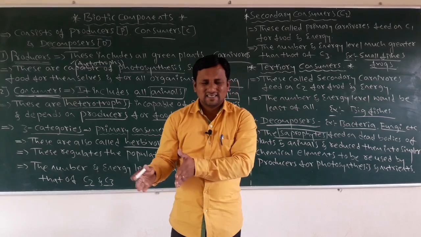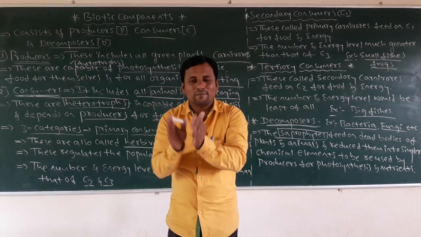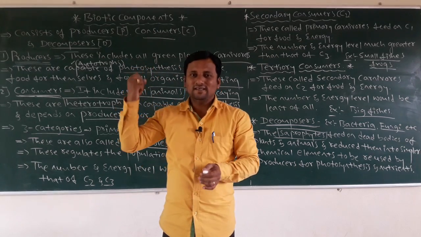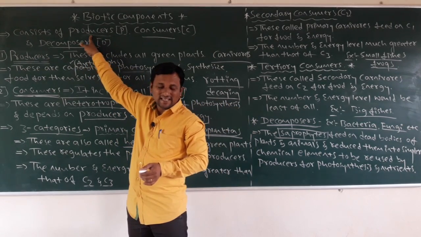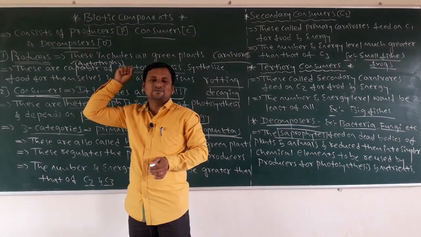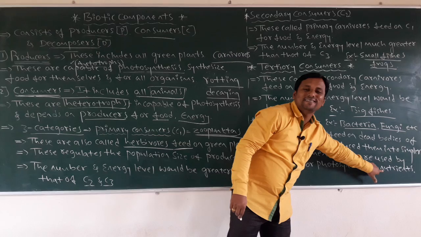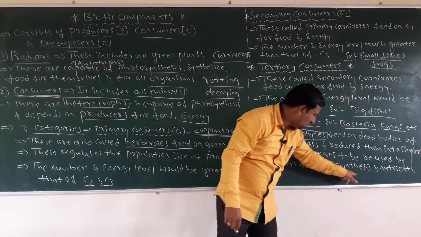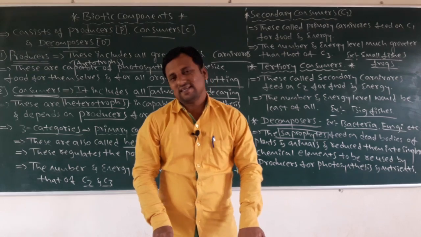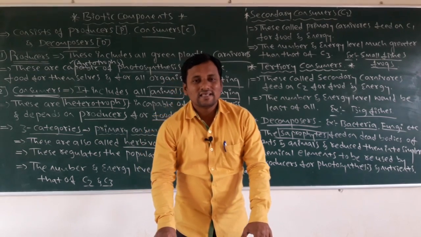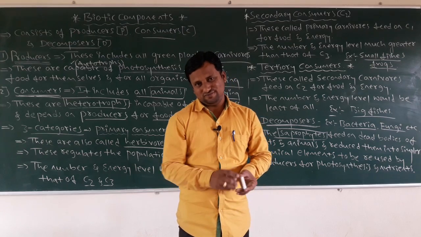So inorganic compounds are formed, and those are taken up by the producers, the plants, as nutrients. Then they start the process of photosynthesis in the presence of sunlight. See how this cycle is reused in the ecosystem.